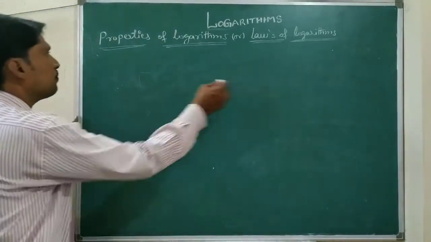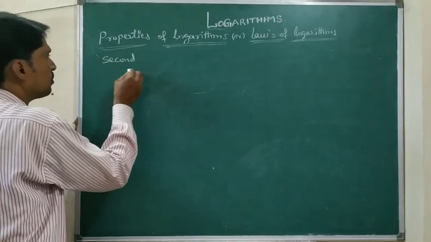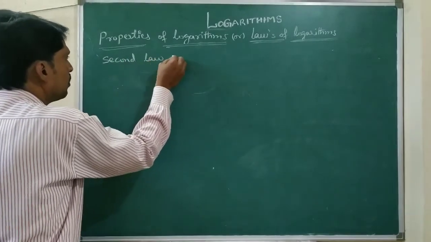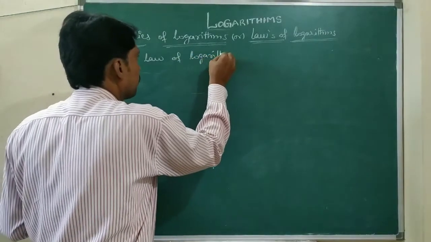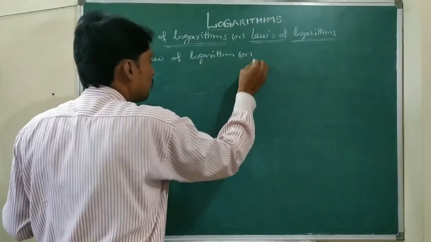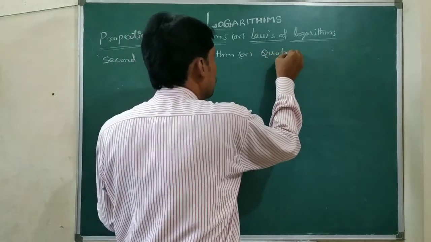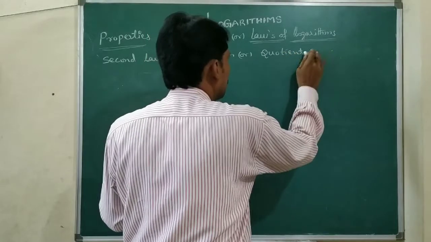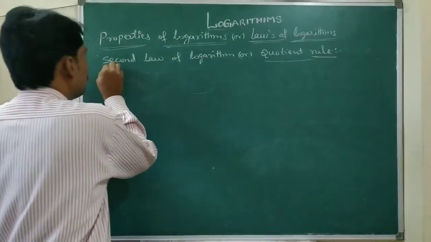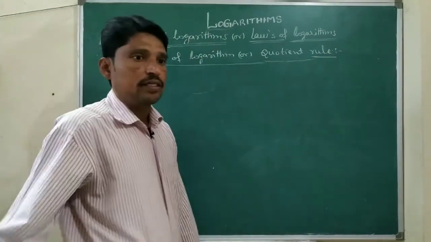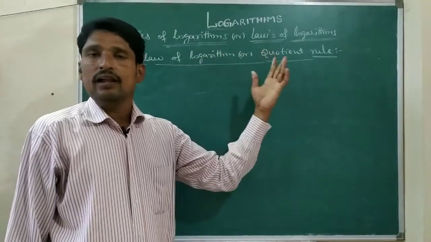So the second law of logarithm, coefficient rule. What is the second law of logarithm? Same as in the previous one, how we took, let it be like that only.